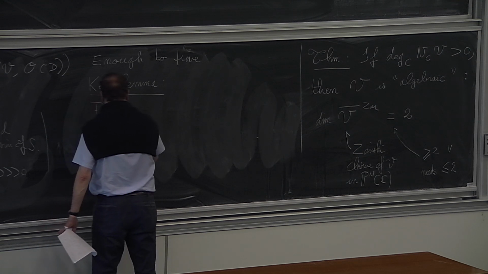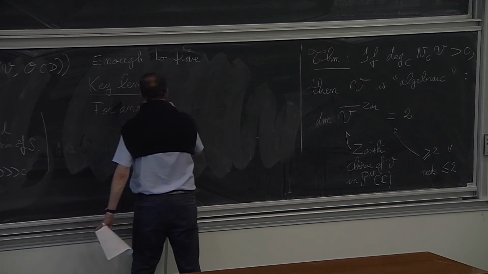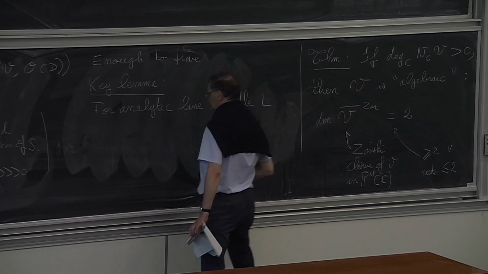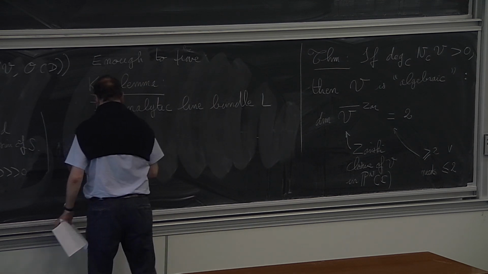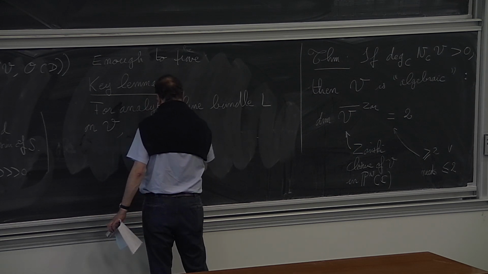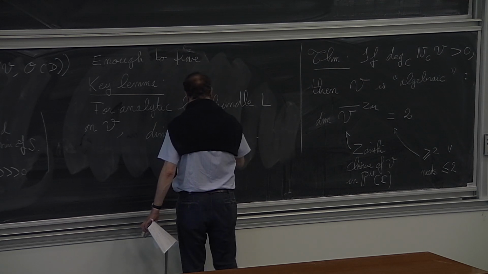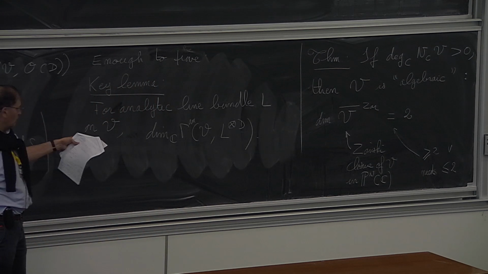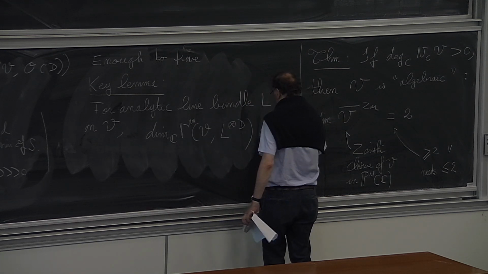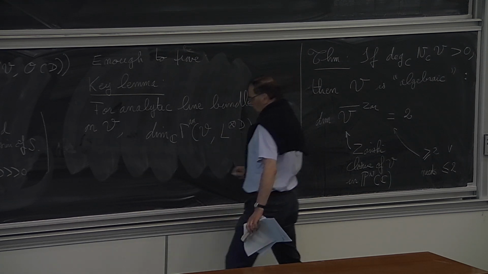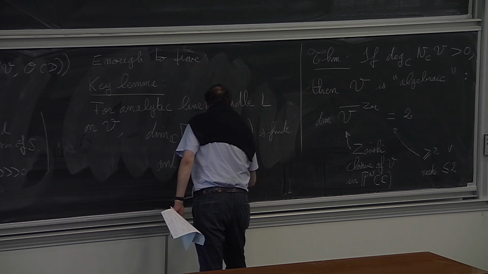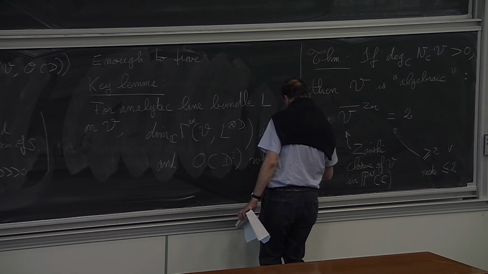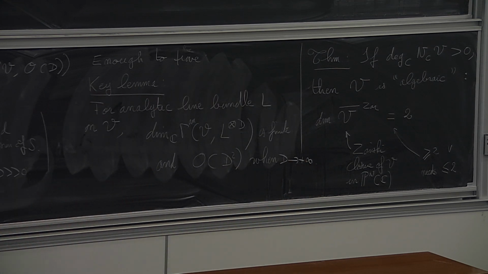For any analytic line bundle, let's say L on V, the dimension of the space of analytic sections of the D's power of L over V is finite, and is big O of D square when D goes to infinity.